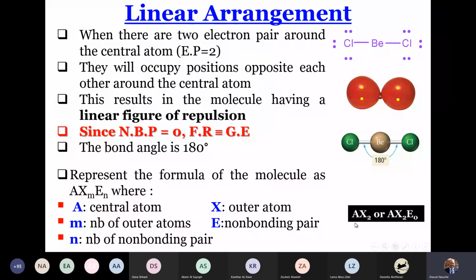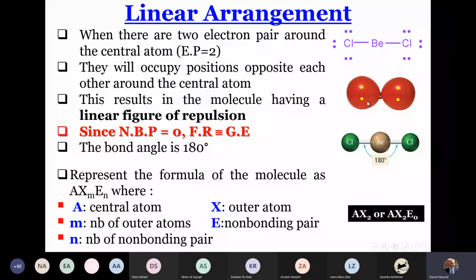So any molecule of the AX2 or AX2E0 type has a linear figure of repulsion.